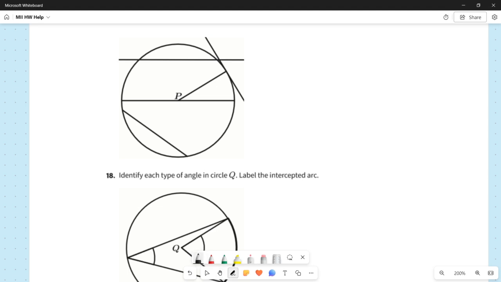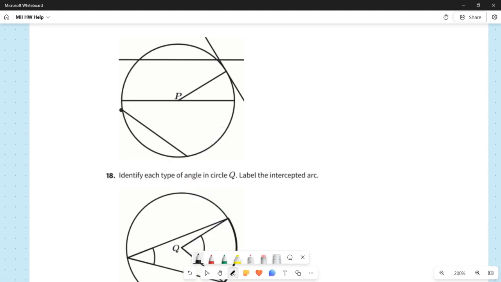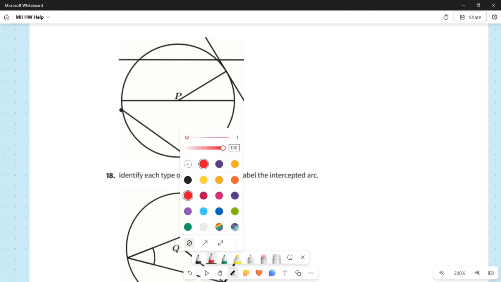In no particular order, at the bottom left here, we have a line segment that has endpoints on the circle. All right, so we have endpoints there. Let me use a different color because I'm going to be constantly switching back and forth. So we'll use red for all of our dots here.